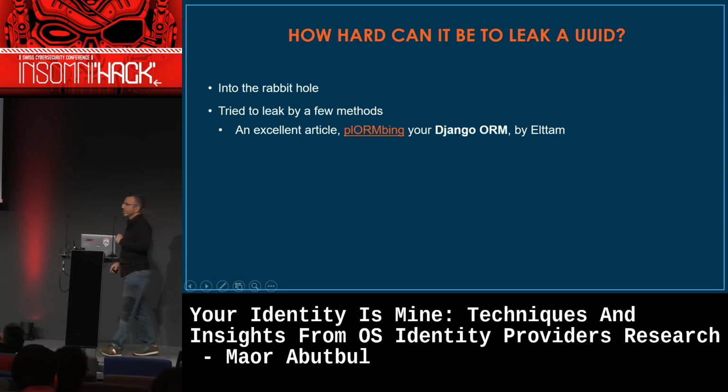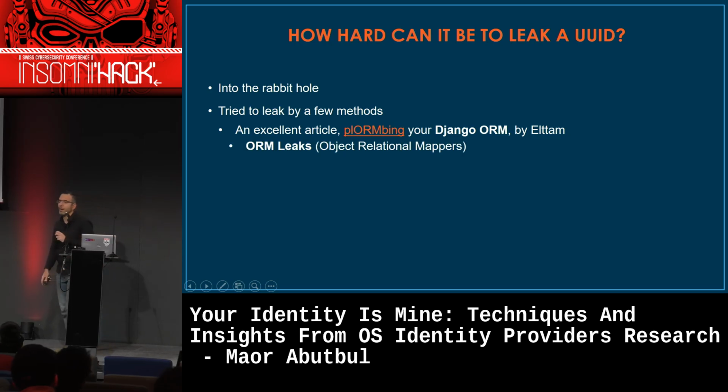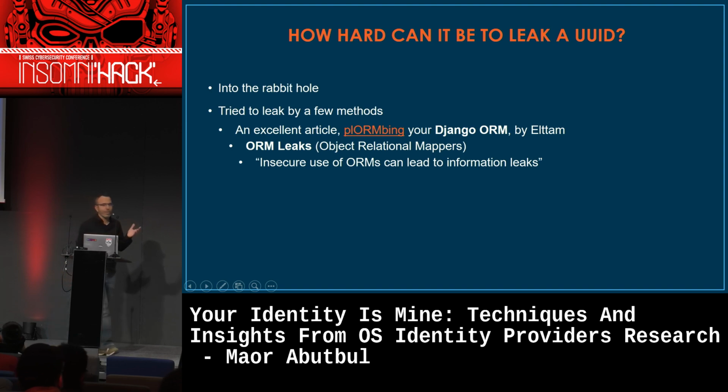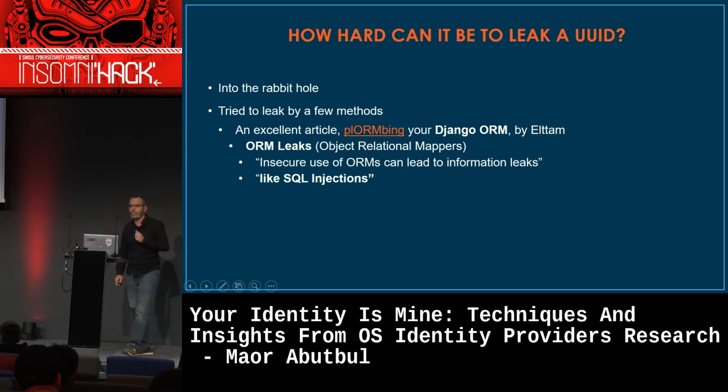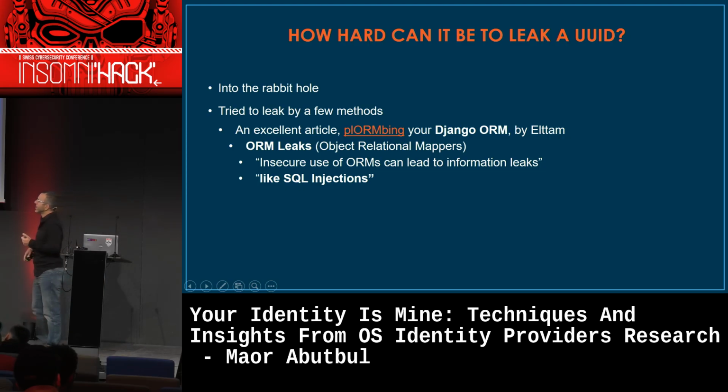It defined a new class of vulnerability, namely ORM leaks. This article is about how insecure use of ORMs can lead to information leaks. In my words, this technique allows attackers to leak data like SQL injections, but provided by the ORM.